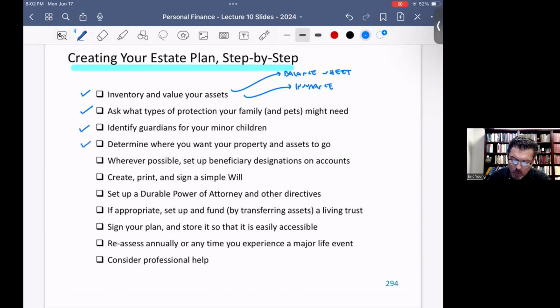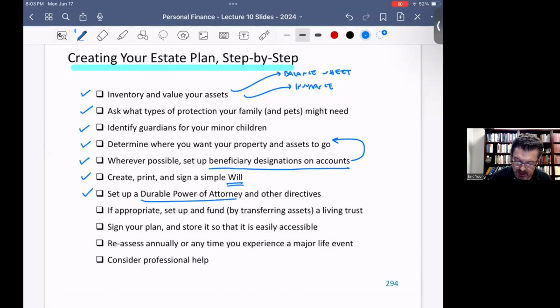Determine where you want your property and assets to go and who you want it to go to. Then, whenever you can, set up beneficiary designations to make the distribution happen. Notice that by doing the beneficiary designations, you shield a lot of your property from probate. Create, print, and sign a simple will, and also set up at minimum your durable power of attorney.